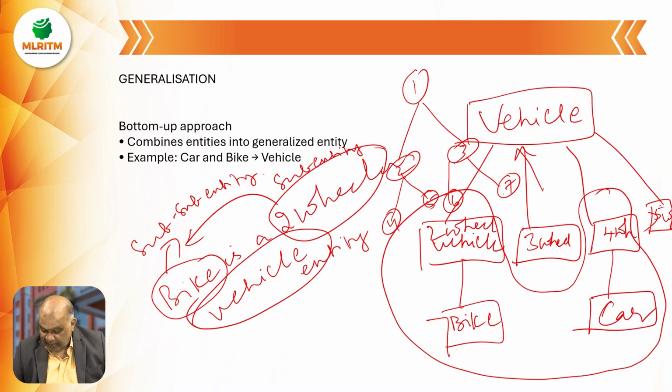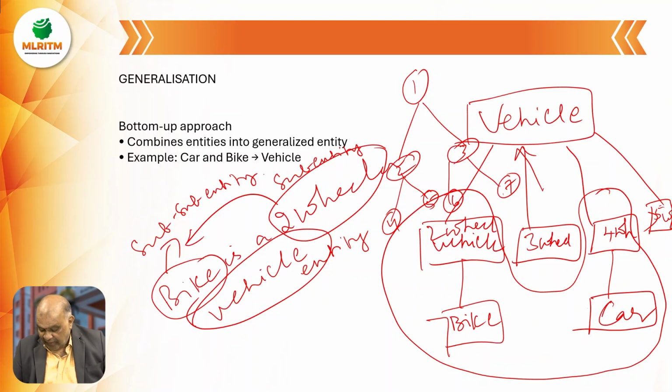So this statement, bike is a two-wheeler vehicle. So vehicle is the main class. The subclass is the two-wheeler. In the subclass, we are having another class which is called bike.